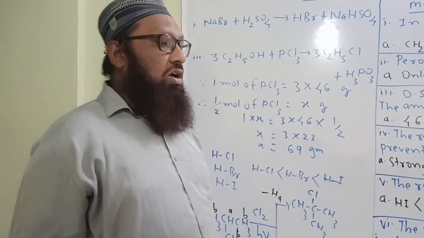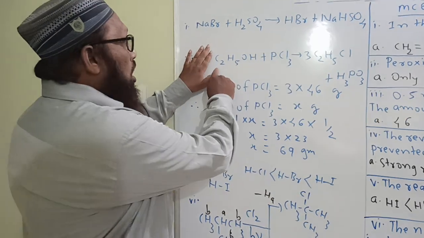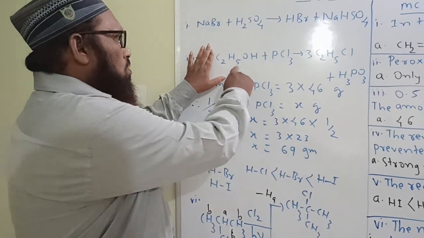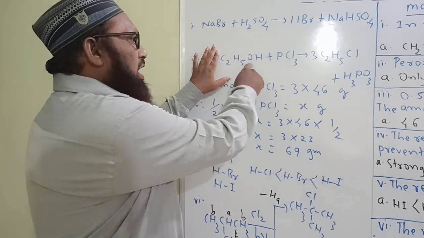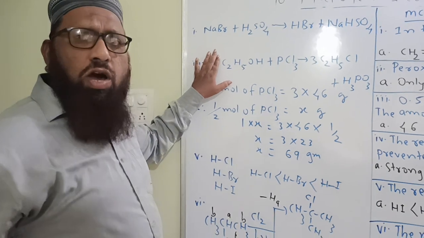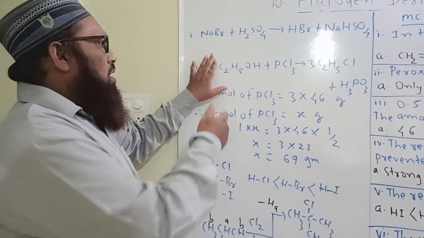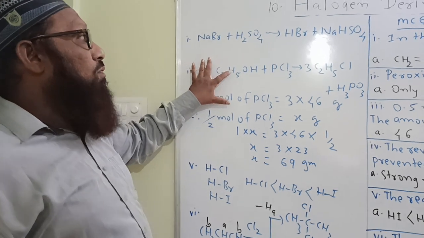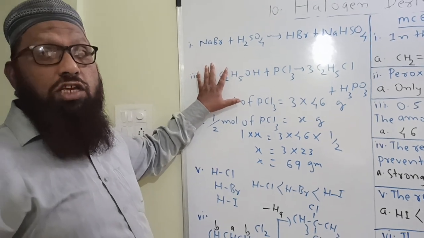What is the molecular weight of ethanol? 1 carbon 12, 2 carbon 24, 6 hydrogen 6, 24 plus 6 is 30, 1 oxygen 16, 30 plus 16 is 46. 1 mole of ethanol is equal to 46 gram.